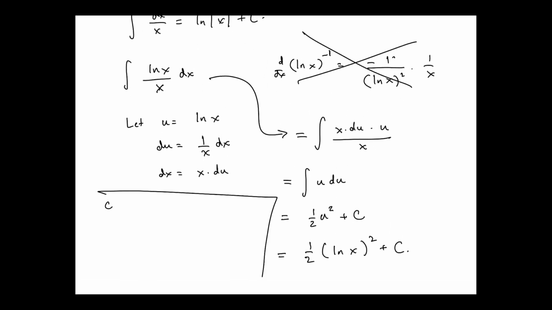Okay, so this will be the check. The derivative of 1/2 natural log of x squared is 1/2 times 2 times natural log of x to the first times the derivative of natural log of x by the chain rule. What happens to the 2's? And so we're just left with this, which is the thing we started with.